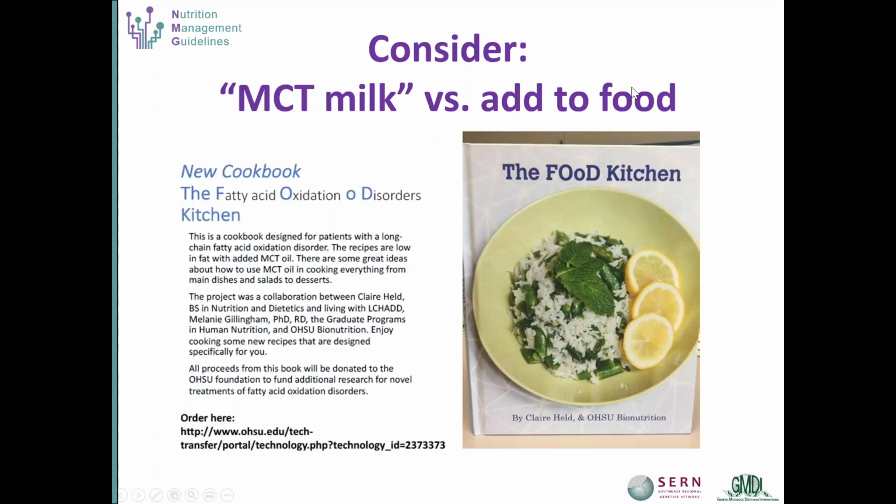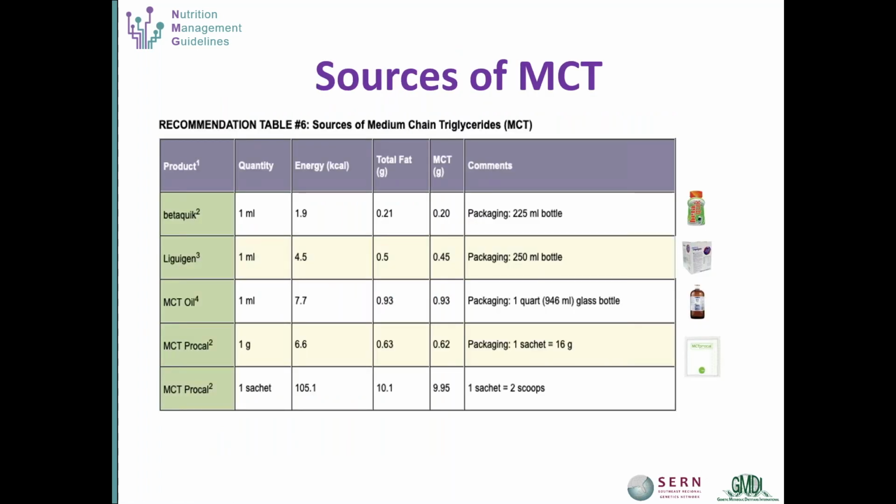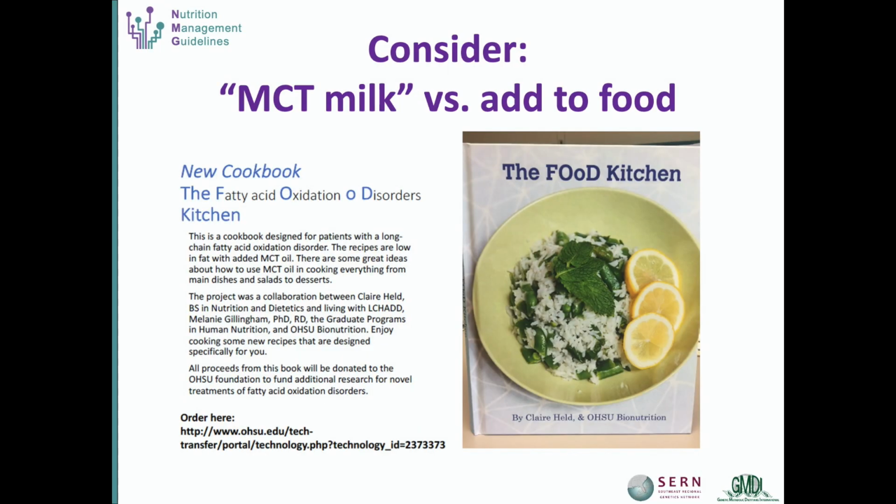We also list the sources of MCT. They're liquids, emulsified liquids, the oil, powders. This table lists how much fat and how much MCT is provided from each of these different sources. One of the questions that comes up is for the older individual, how do we give them the MCT?